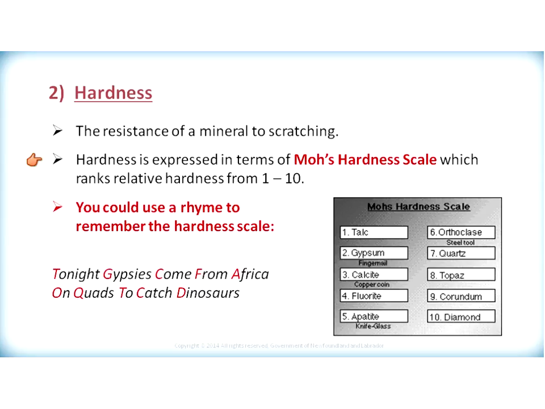If you want to remember Mohs hardness scale, which is located in the diagram here to the right, we can use a rhyme to remember the hardness scale. So let's look at the hardness scale first. Mohs hardness scale states that minerals were ranked in order from 1 to 10.